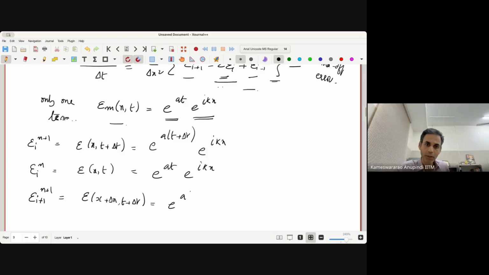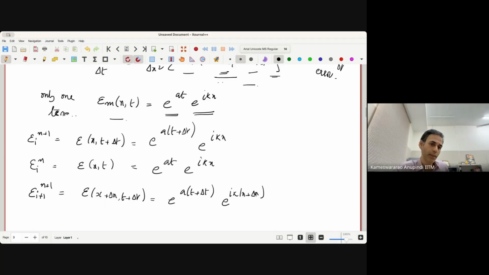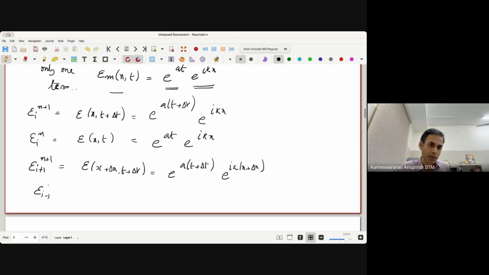That is going to be e to the power a(t plus delta t) times e to the power ik(x plus delta x). Similarly, epsilon_(i-1) at n plus 1 is going to be epsilon at x minus delta x, t plus dt. That is going to be e to the power a(t plus dt) times e to the power ik(x minus delta x).